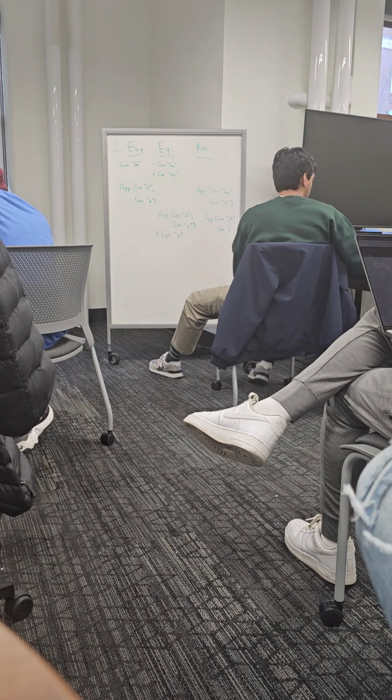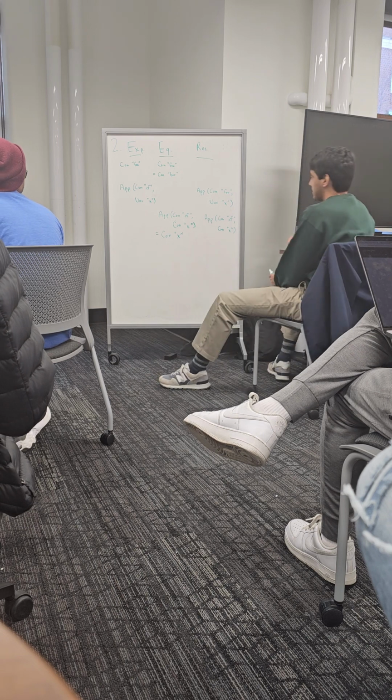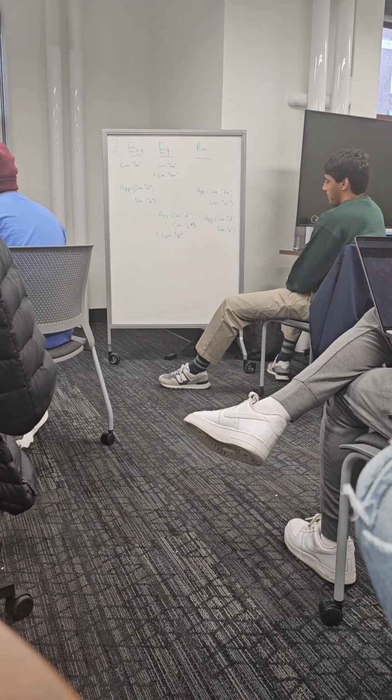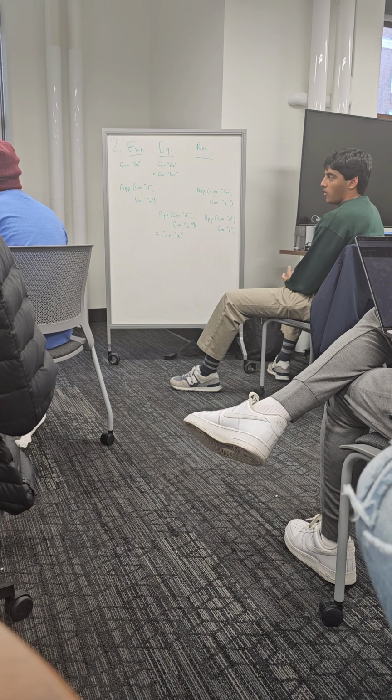Okay, so here, we're doing something pretty similar to the first problem, but slightly different, right? In the first problem, we had individual variables that we could substitute for other constants or variables.